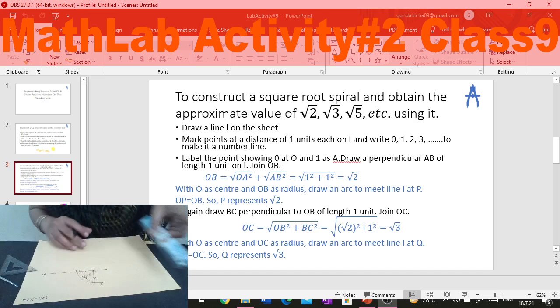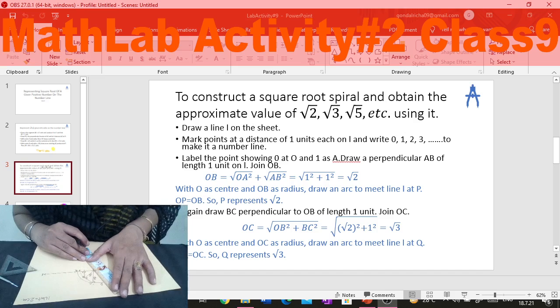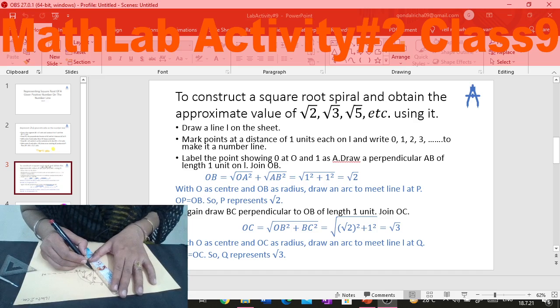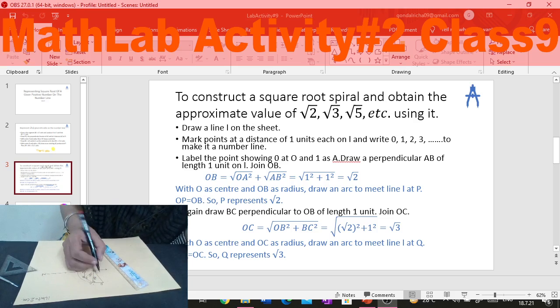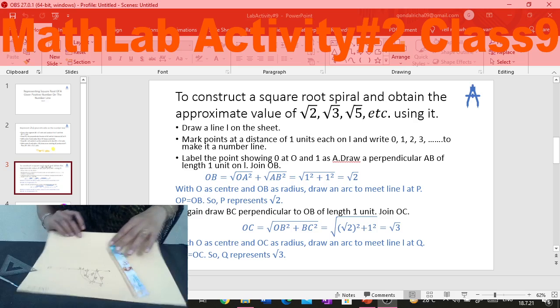Now I'm going to join OD. So the length of OD is root 4. Why 4? Because here OC is root 3 and the square of root 3 will give you 3, and this CD is of 1 unit. So 3 plus 1 is 4, and this will be given by the square root of 4.